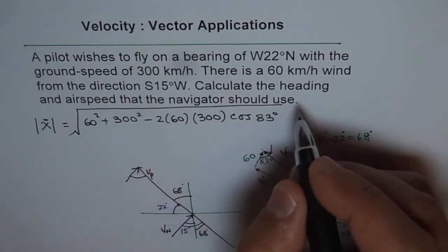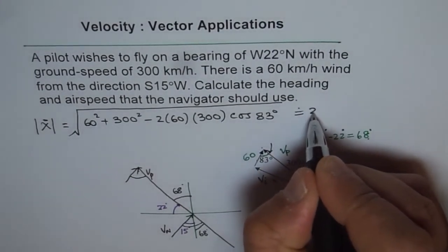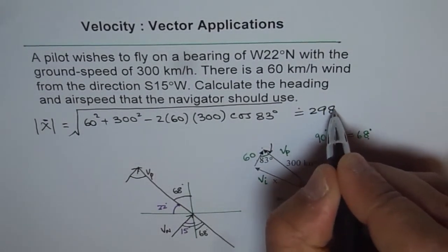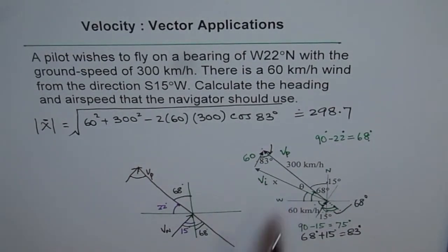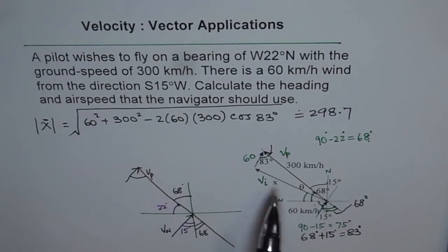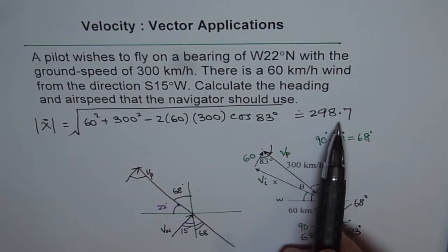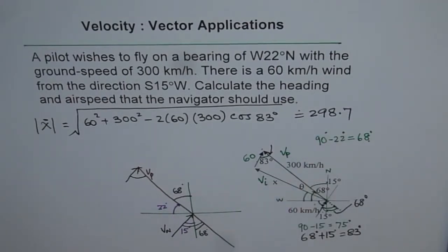We can write it as approximately 298.7. So that becomes this velocity. So the plane heads with a velocity of 298.7. So we got that much, right?